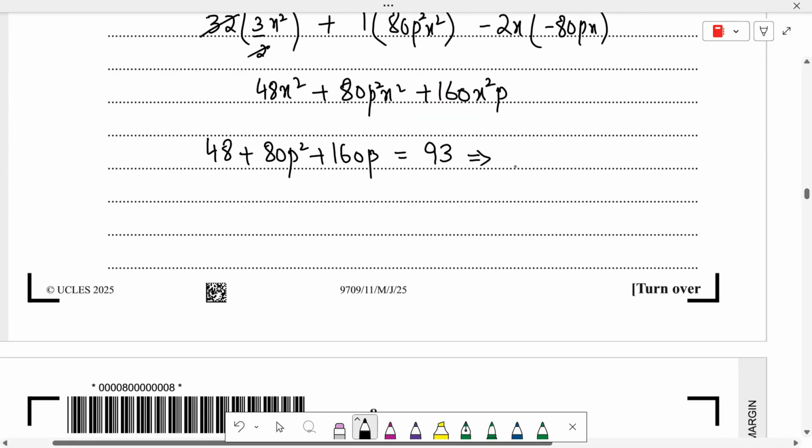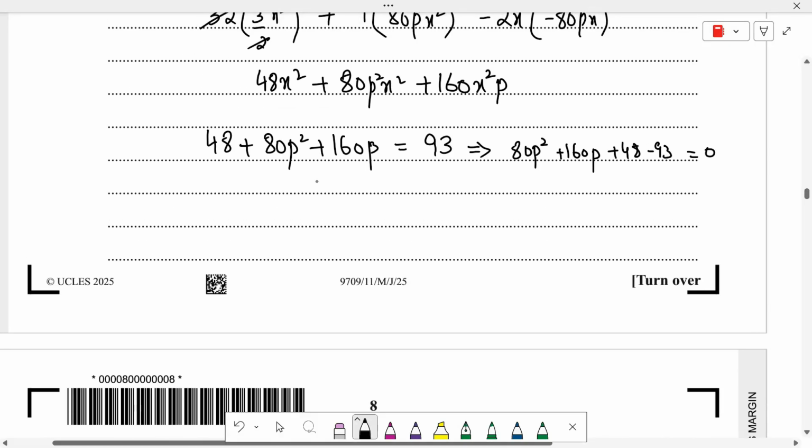Further solving, we have 80p squared plus 160p plus 48 minus 93 equal to 0, which is 80p squared plus 160p minus 45 equal to 0.